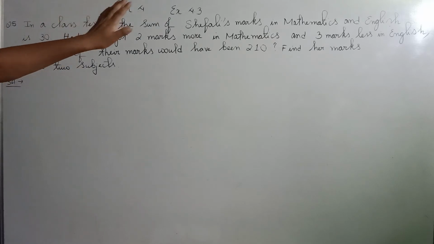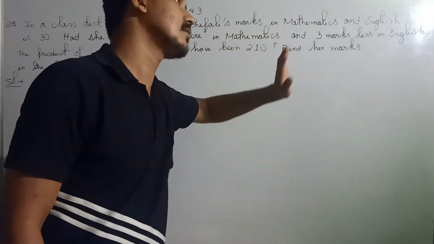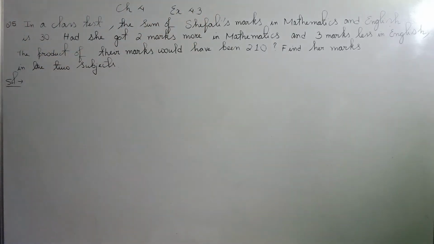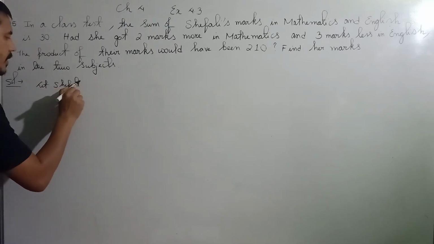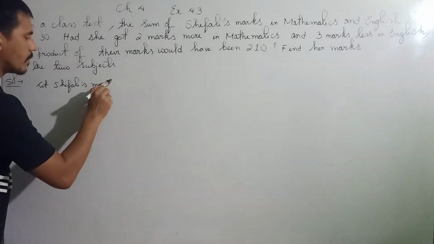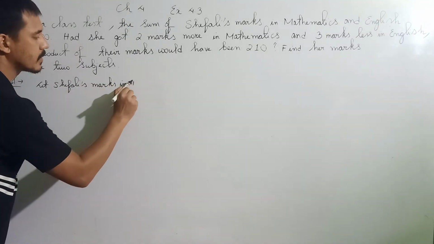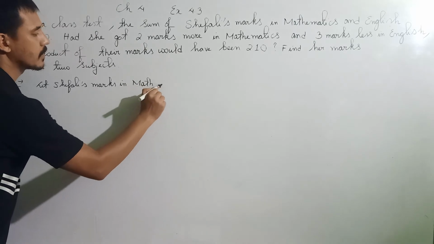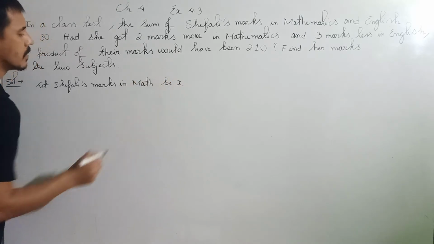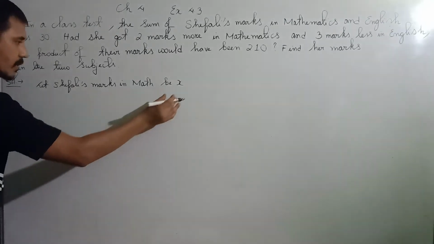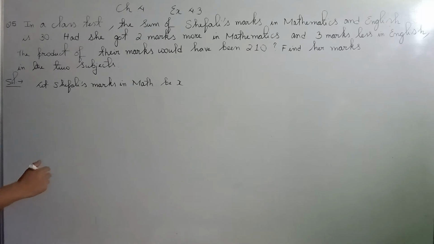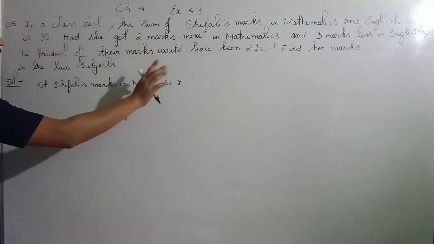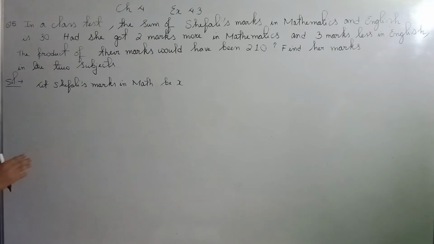From the total marks, she has to subtract the mathematics marks. Then that would be her English marks. So let Shefali's marks in her math subject be X. Considering that she got X marks in math, then her marks in English will be, from the total marks, she needs to subtract the marks scored in maths.